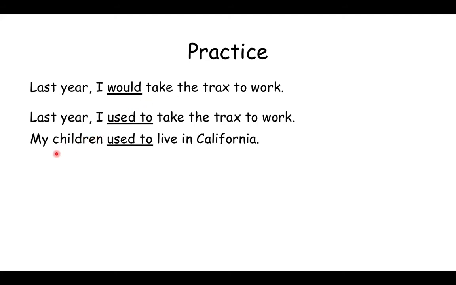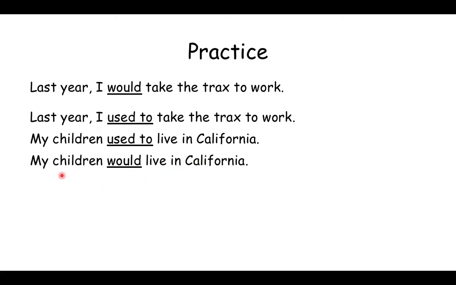The next sentence, my children used to live in California. So my children used to, we need to use used to and not would, because we use the verb live, because it's something that's a fact. It's something that they are doing that you can't really act out. So my children used to live in California.